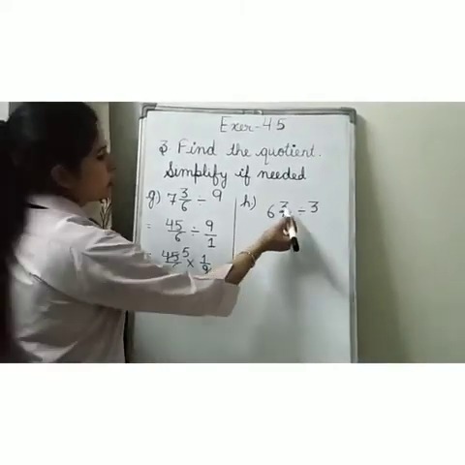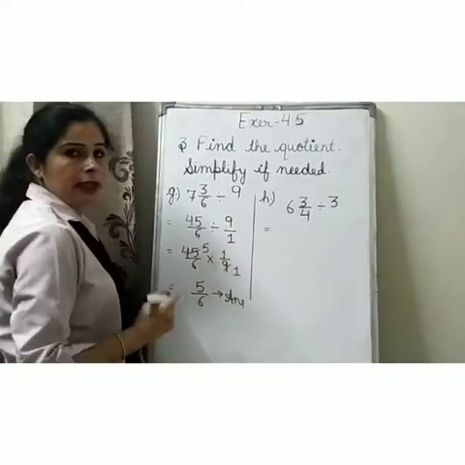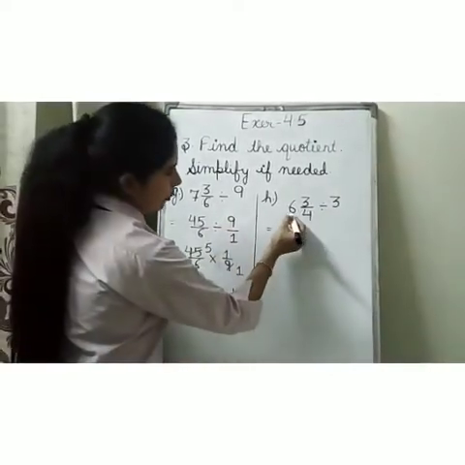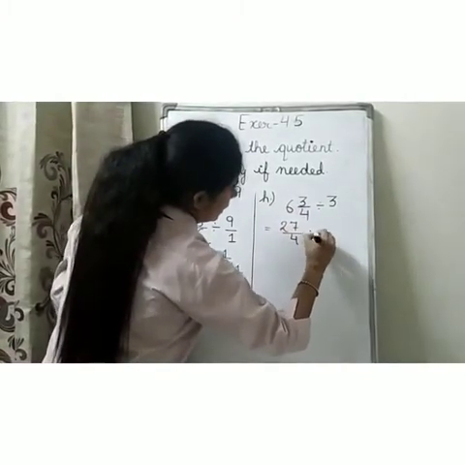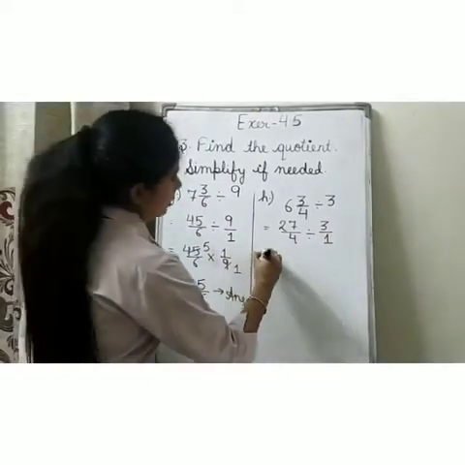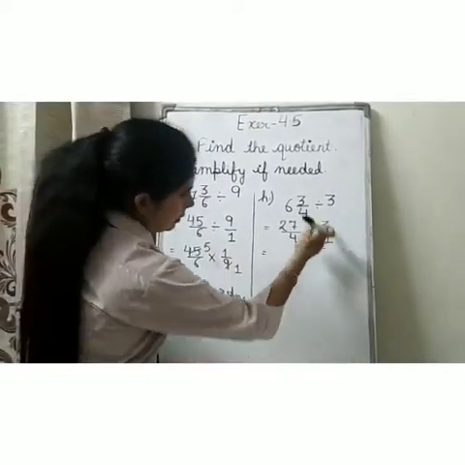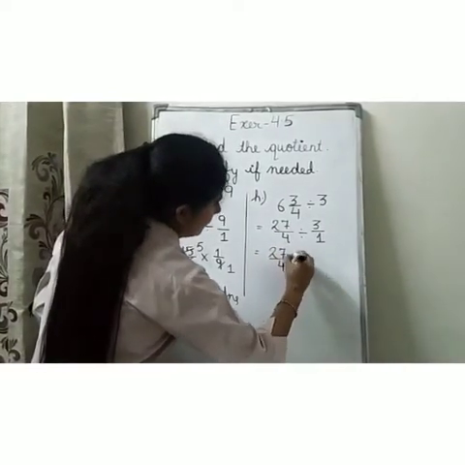Next part, 6 and 3 over 4 divided by 3. Same way. First convert it into an improper fraction. 4 sixes are 24 plus 3, 27 over 4. Divide by 3 over 1. Make it a fraction. Now take the reciprocal of the divisor. The dividend will be the same.